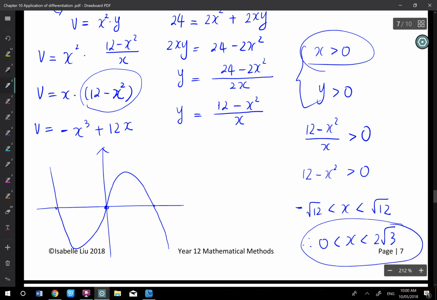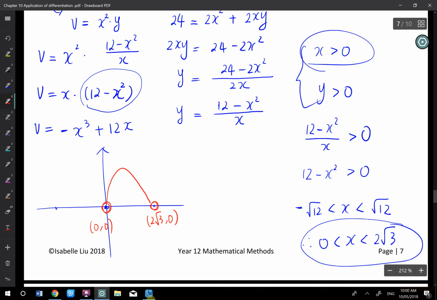But because the domain is only 0 to 2 root 3, we have an open circle here and an open circle here. That's this graph. So that's 0, 0, and that's 2 root 3, 0.